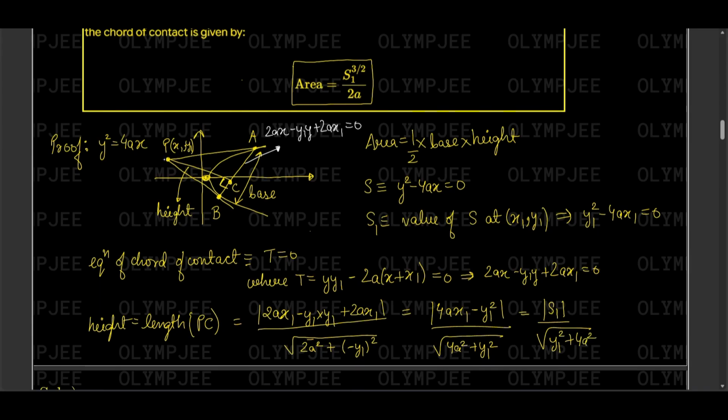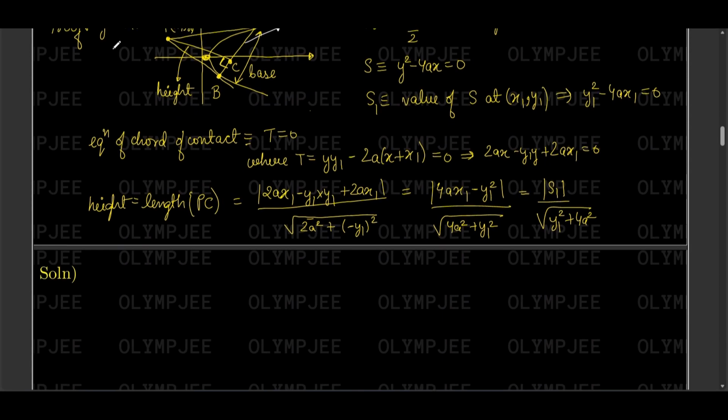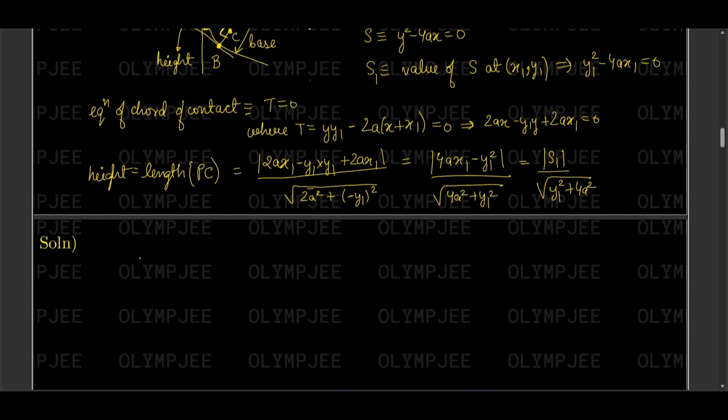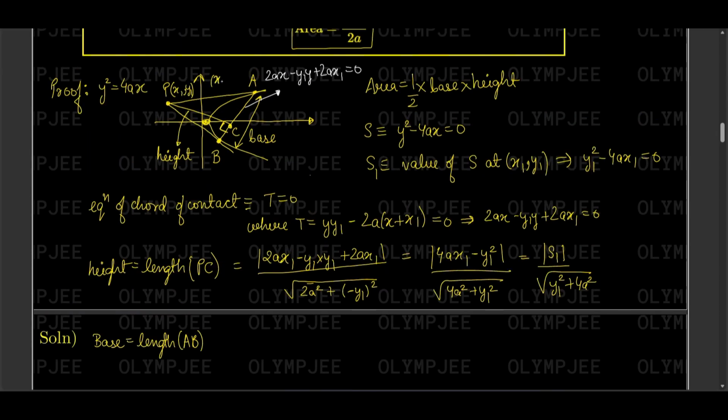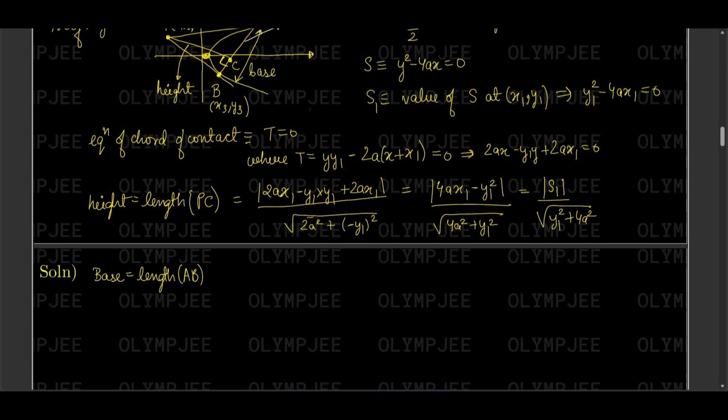Now I have found out the height and I need to find out the base. The base is given as the length of AB, and if A is the point x2 comma y2 and B is the point x3 comma y3, then the length will be given by the distance formula, which is the square root of x2 minus x3 whole square plus y2 minus y3 whole square.